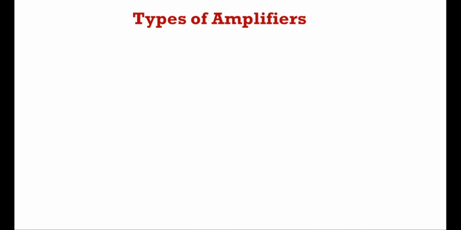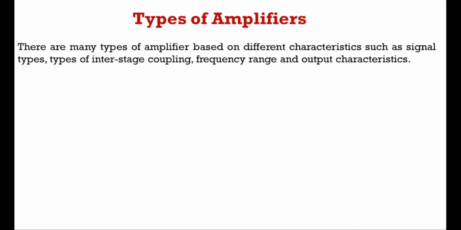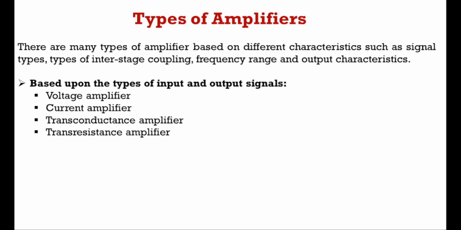Let's have a look at the types of amplifiers, which can be classified based upon different characteristics, such as signal types, types of interstage coupling, frequency range, and output characteristics. Based upon the types of input and output signal, an amplifier can be classified as a voltage amplifier, current amplifier, transconductance amplifier, and transresistance amplifier.